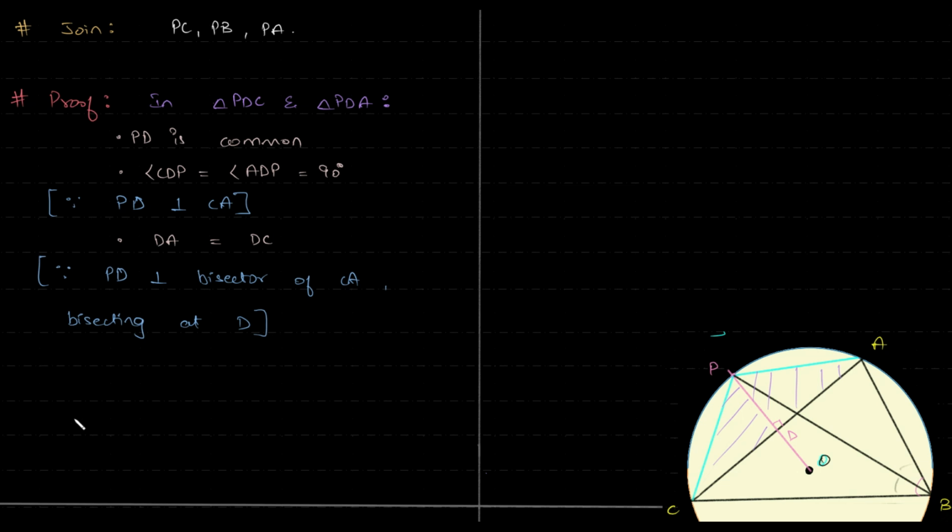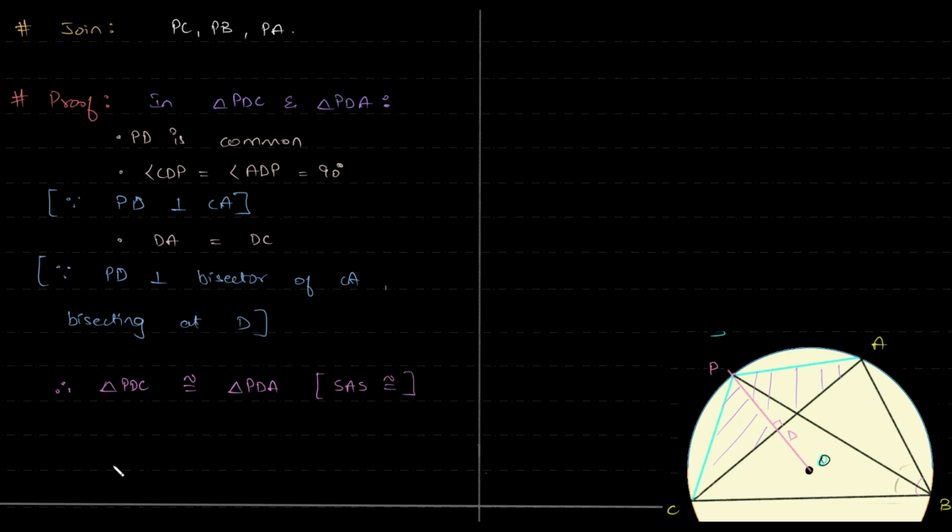I know, I understand, but again, this helps. Therefore, triangle PDC is congruent to triangle PDA, right, with SAS congruency.